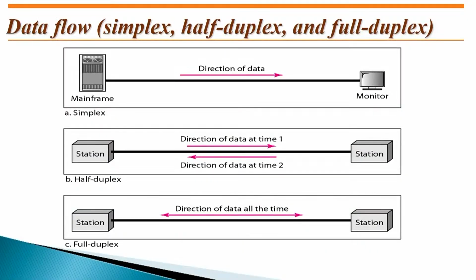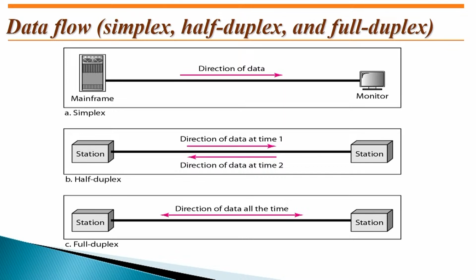Next is data flow. Data can flow in different manners. There can be different kinds of connection between sender and receiver. Let's consider that there is a wire between them and they are connected. It can happen as simplex, half duplex or full duplex. The difference is this: when there is only one direction of data available, where the message can go from one side to the other and there is only one path, it is called simplex mode of communication.